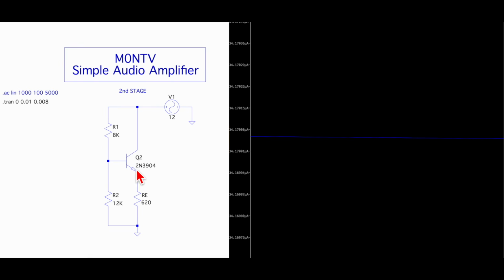So to calculate RE, if we want to see 6 volts here, and we want the usual 10 milliamps flowing through the collector and flowing through the emitter, that's 6 volts divided by 10 milliamps gives you 600. So that's why I put in a 620 ohm resistor.